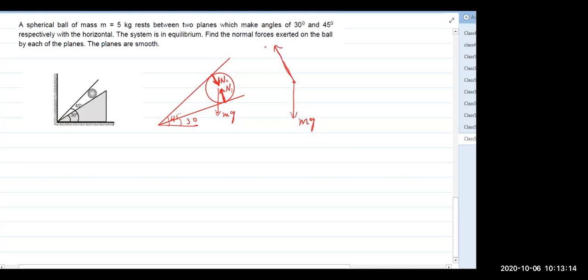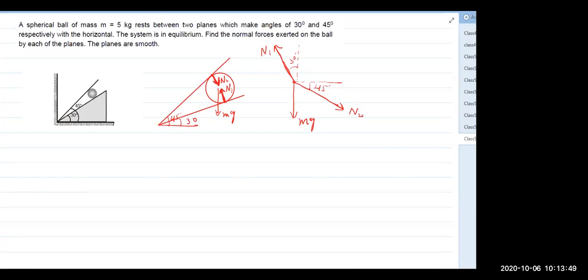The second normal will be 45 degree, exactly midway, like this, 45 degree from both sides. So this is the free body diagram. Now we have to find the normal force.